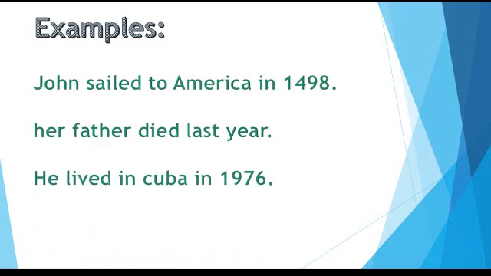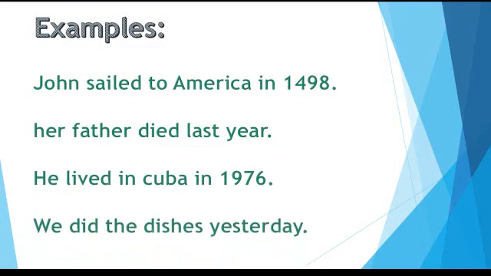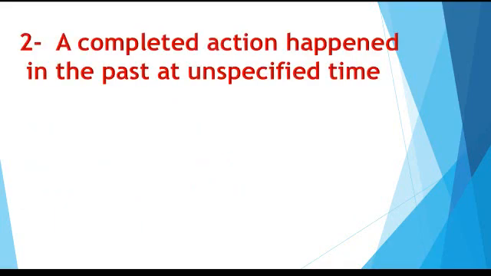That's exactly what we will see in the second use of the past simple. We did the dishes yesterday. If I told you that we did the dishes, you would understand that we did them in the past. But if I supplement the word yesterday, you will understand that we did the dishes only yesterday, because it gave more details.